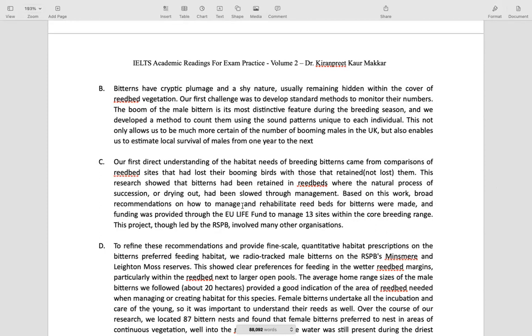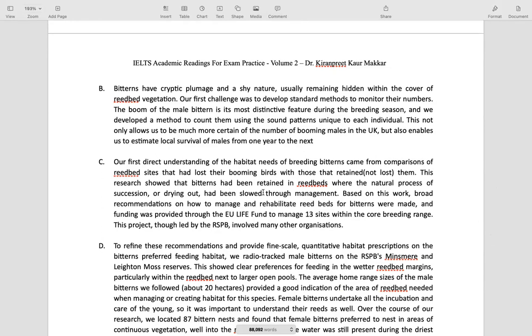What did they find? Tell me. The research showed that bitterns had been retained in the reed beds where the natural process of succession... Sir, I don't know the meaning. So which sites didn't lose them?